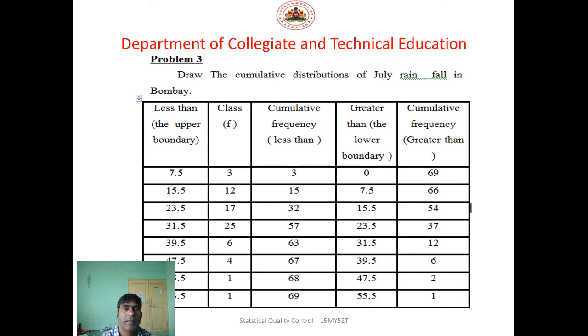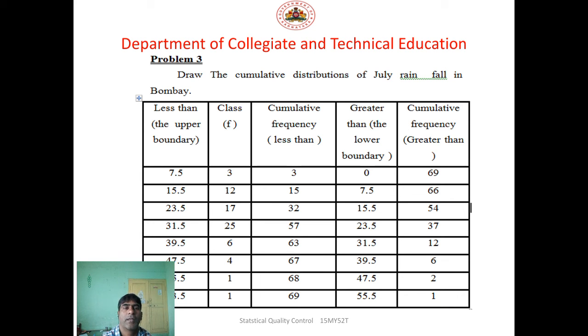Like that, for 23.5 we have 17 entries, 17 frequencies. You can count and check. Like this you also calculate for the class interval less than 31.5. How many entries do you have? 25.